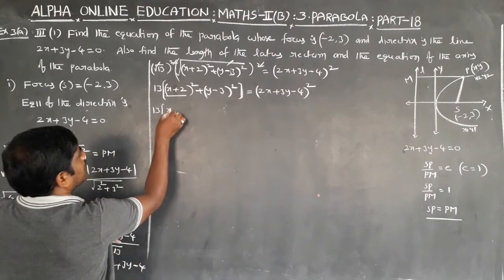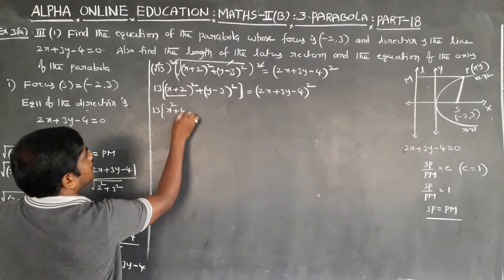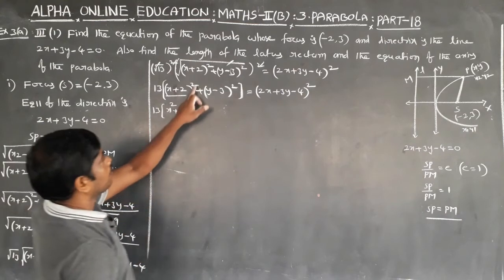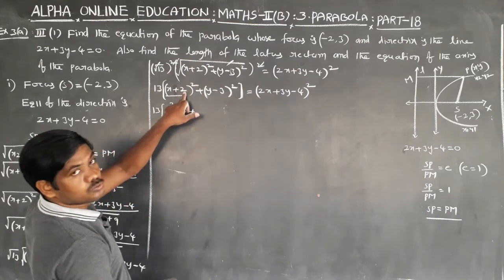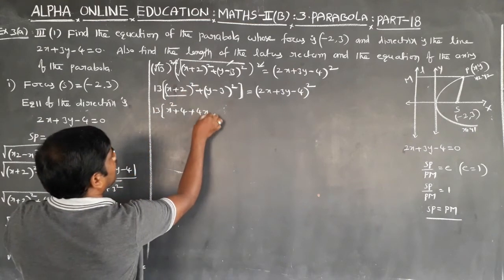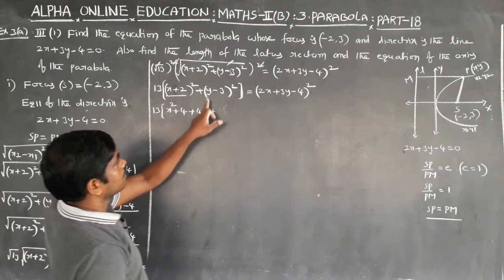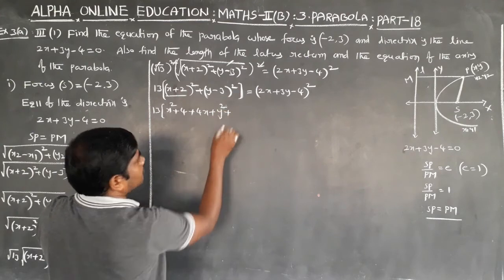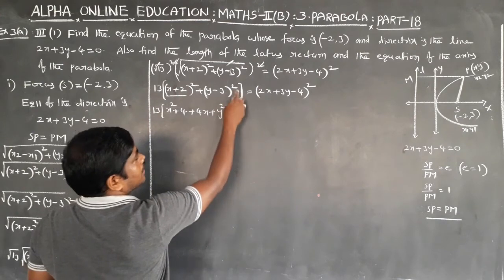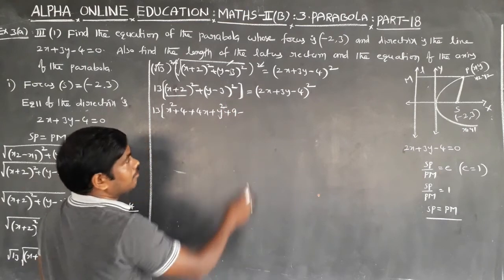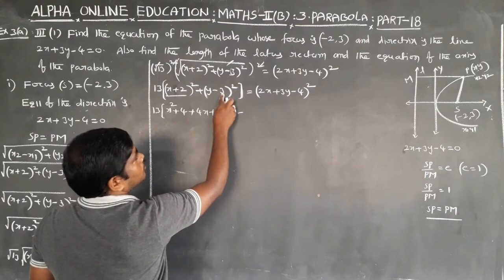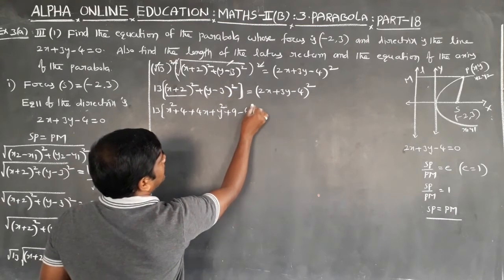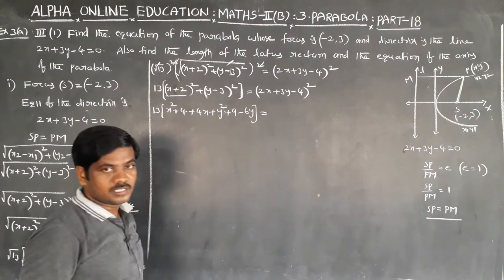Simplifying. (a + b) whole square: x square plus 2 square 4, plus 2ab, 2 2s are 4, 4x. (a - b) whole square: y square plus 3 square 9, minus 2ab, 2 3s are 6, 6y.